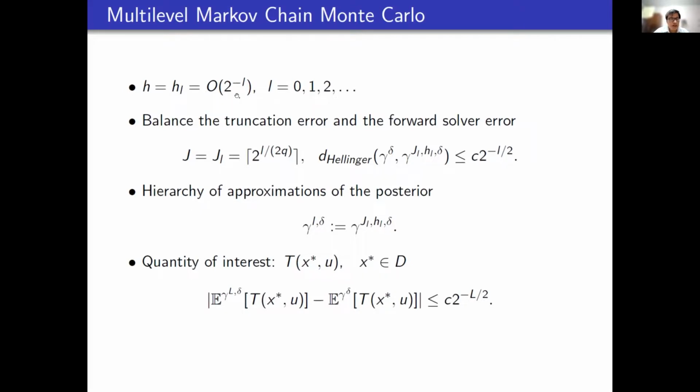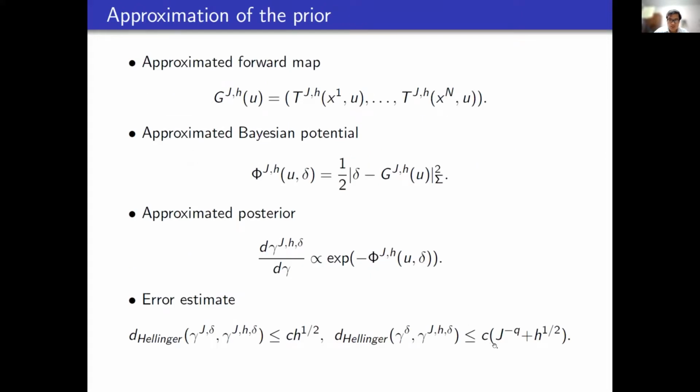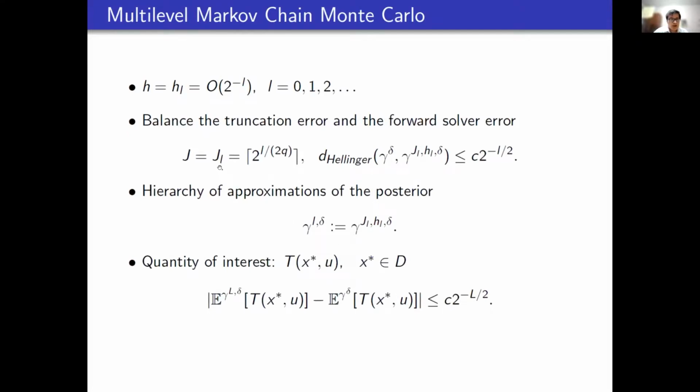So we have a hierarchy of resolution levels for the forward equation. So this little L here is 0, 1, 2, and so on. Here we would want to keep this J so that the two terms on the right-hand side are roughly the same. So we just take J as J_L.